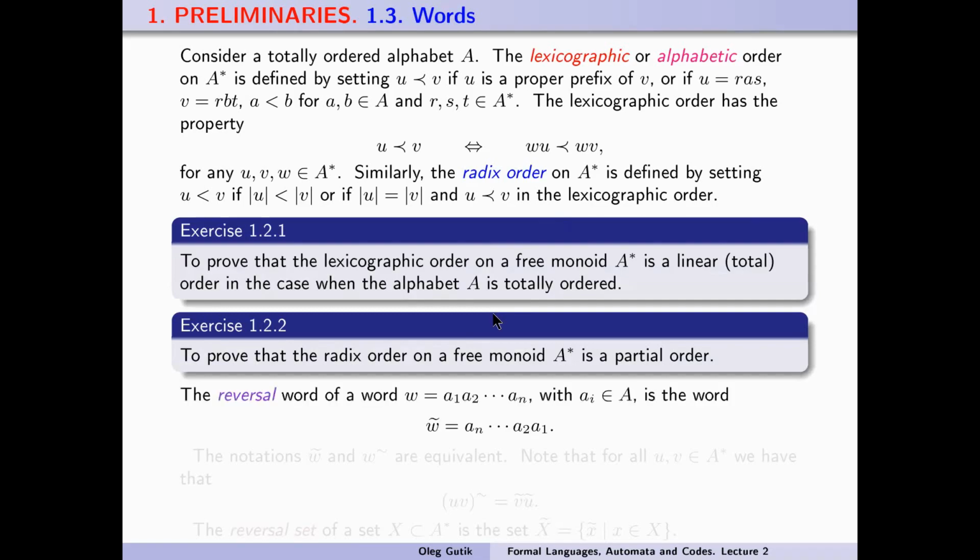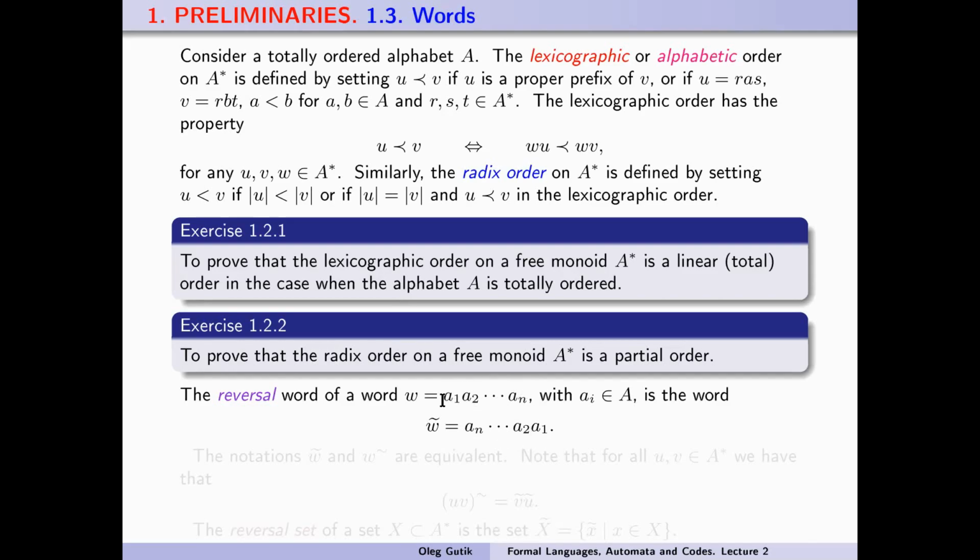What is a reversal word? If you have a word w = a1 a2 ... an, with ai belonging to the alphabet A, then the word w̃ = an ... a2 a1 is the reversal word.